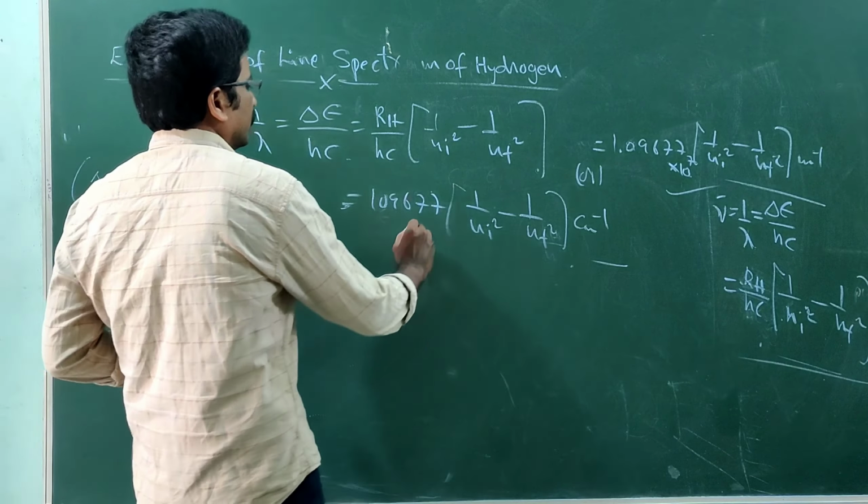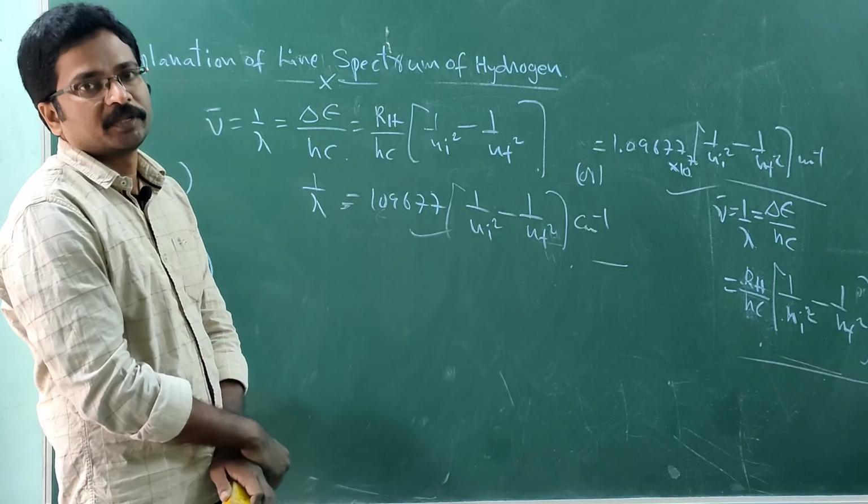Then what did Bohr explain using this formula? How has Bohr explained the line spectrum of hydrogen using this formula, wave number 1 by lambda equal to this one?